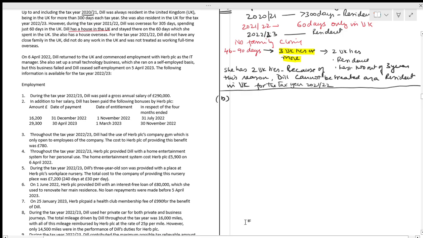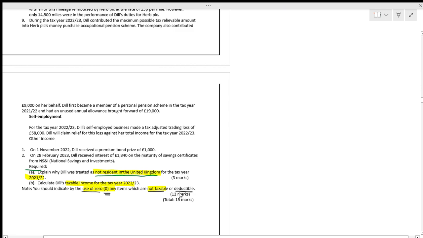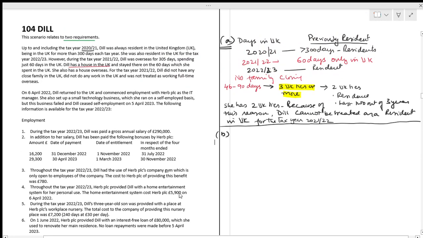What is the second one? The second one says to calculate the taxable income for the year. Never expect that you will have a straightforward question in the examination. They will definitely ask something which you know very well, but at that point of time it should click.